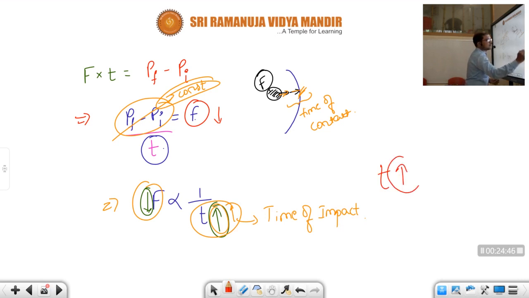The time of impact we need to increase. So instead of catching at some higher point, if we lower our hands, we are increasing the time of impact, such that from this relation the force will decrease. Understood, children?